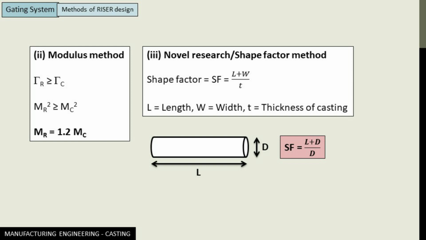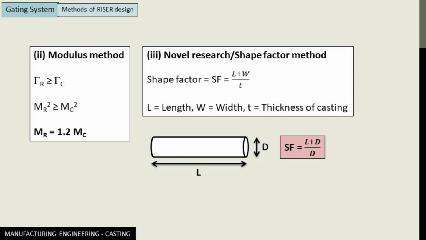Here the solidification time of the riser should be greater than or equal to the solidification time of the casting, and the square of modulus of riser should be greater than or equal to the square of modulus of casting. And from these relationships as well as the practical means, the modulus of riser comes up to be 1.2 times the modulus of the casting.